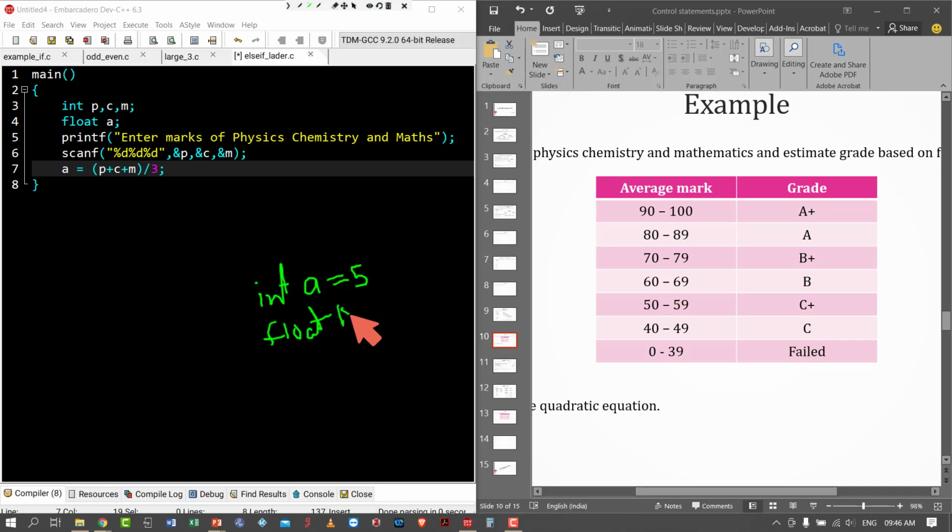Float K. If I write K equal to A by 2, then what will be the output?